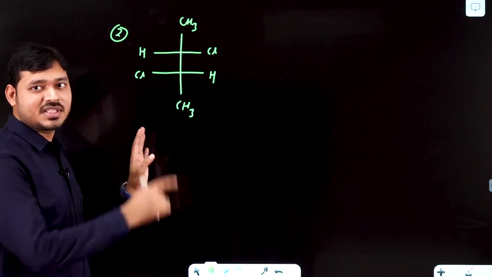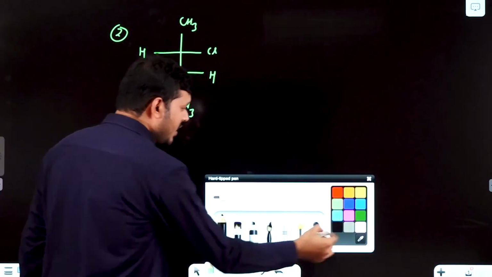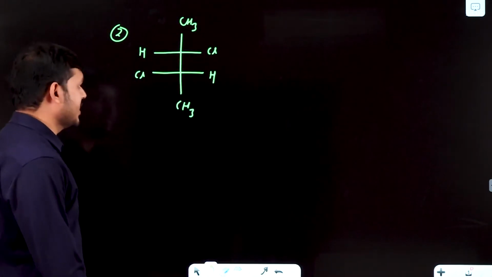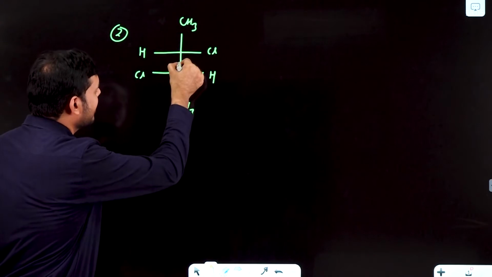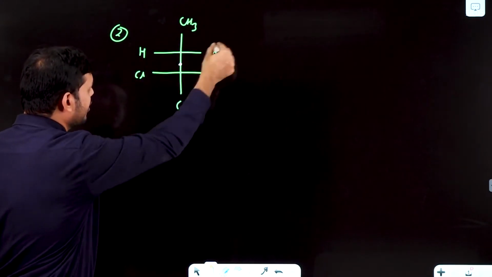Now let's come to the same example we have discussed earlier. We have discussed that in this compound there is no POS, no COS. You remember this part? From this carbon I have explained this is also upside, this is also upside, so no COS.